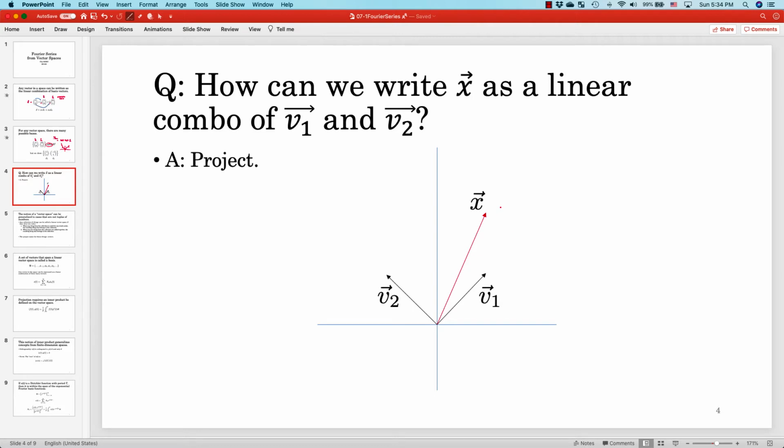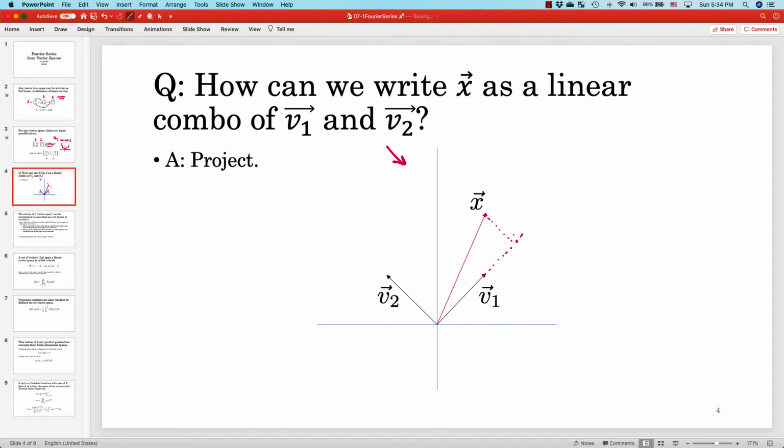And so the answer that you learned in your linear algebra class is this notion of projection. To project x onto a vector, say v1, means to ask ourselves how much of x, when, say, a light is shone in this direction, how long is the shadow of x onto v1?